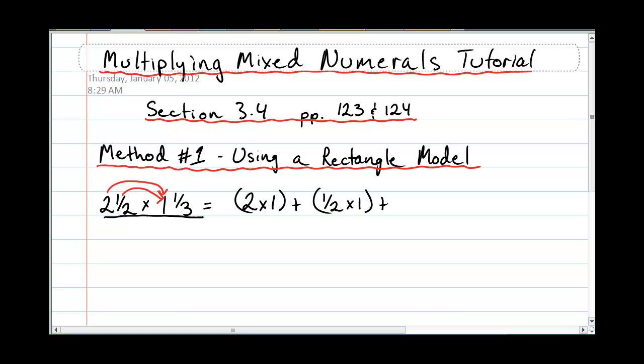Plus 2 times 1/3, plus 1/2 times 1/3. So we've broken this question up into the sum of all its parts because multiplication is repeated addition.